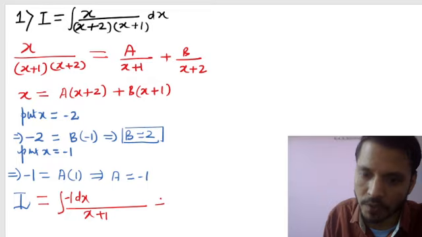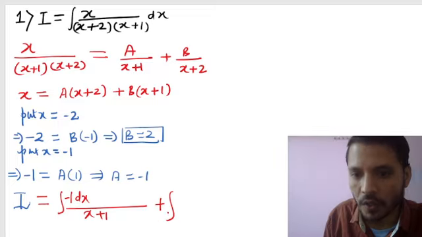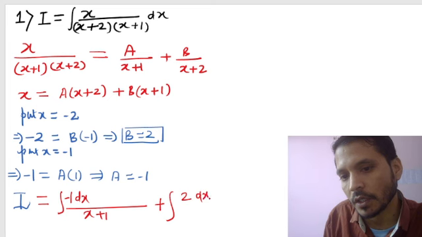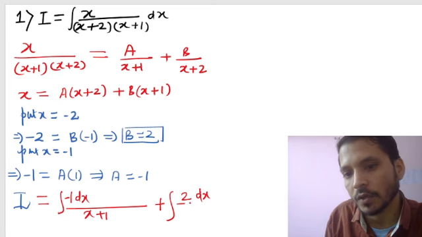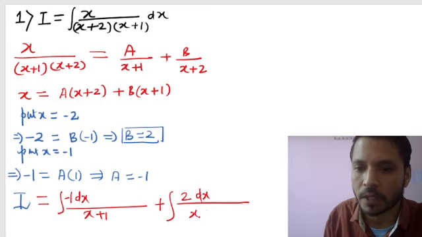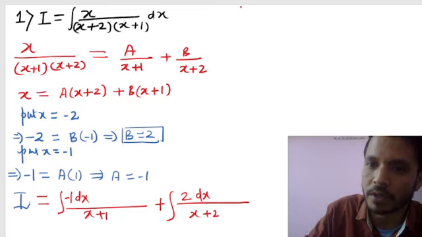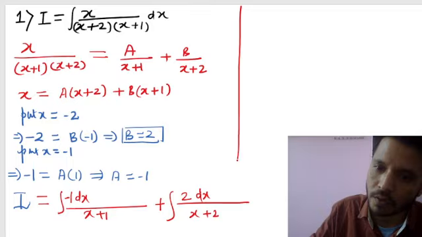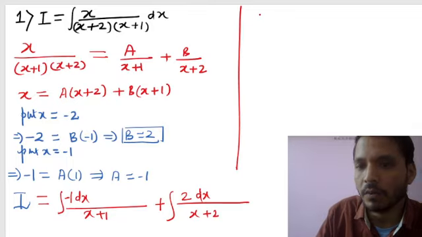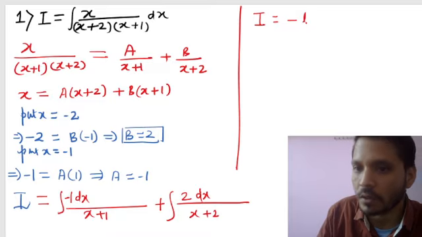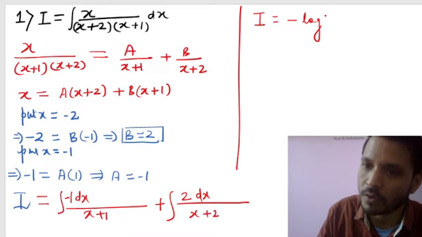Now plus b is what? So b is 2 into dx, and this will be divided by x plus 2, right? Now we can write our final answer here. I will become minus, the minus will come outside, and log of mod x plus 1.